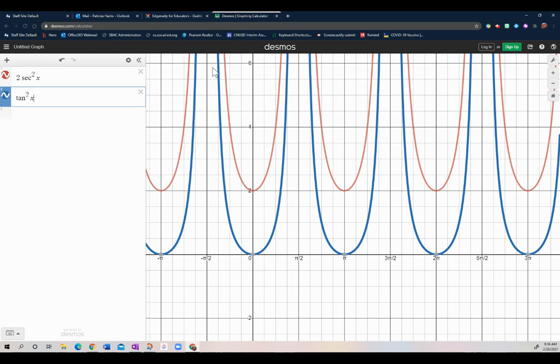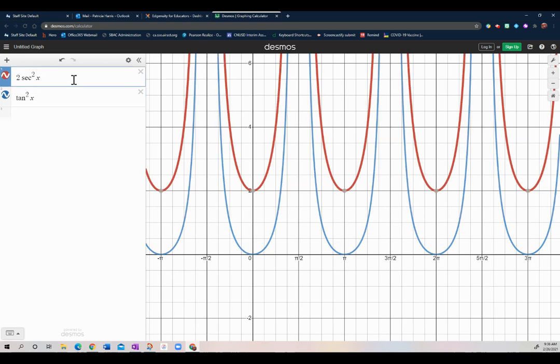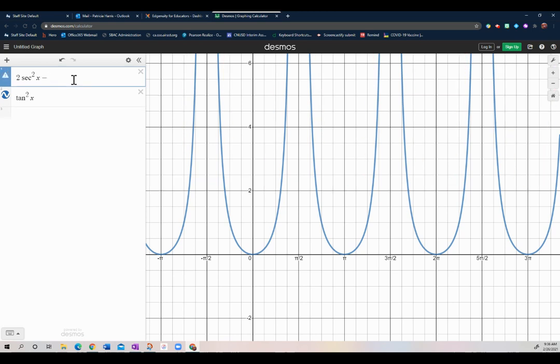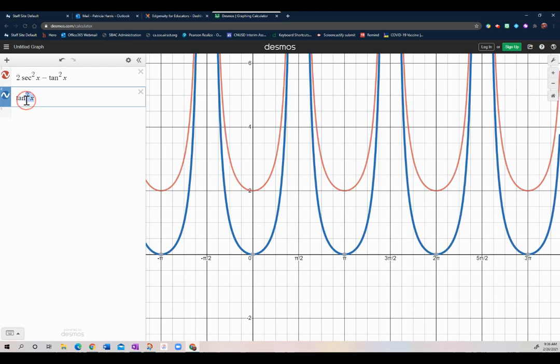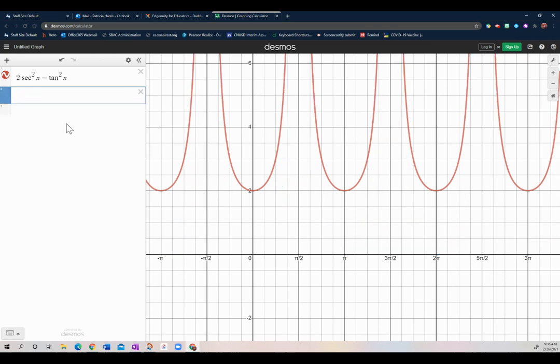You could also, if it's easier for you, do minus tangent squared. You could set your inequality equal to 0, like that. Okay, if it's easier. So you want to know where your graph is less than 0.